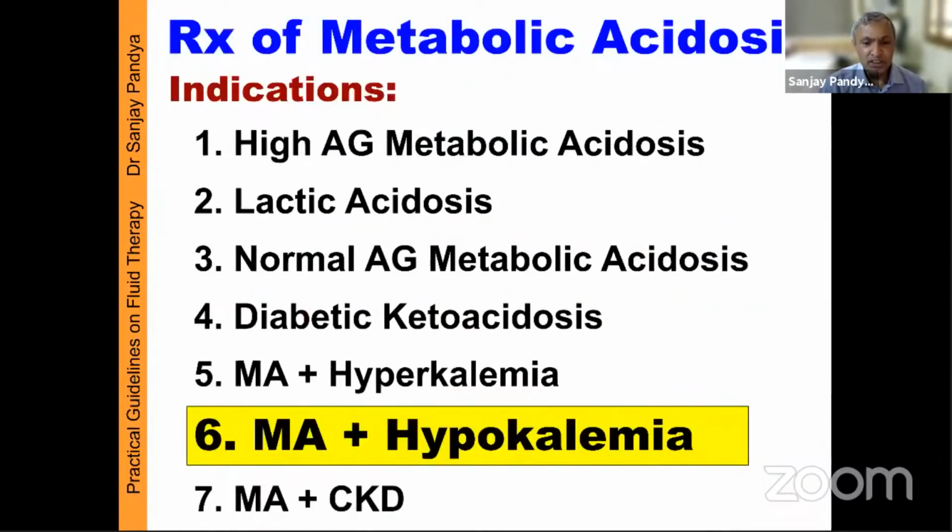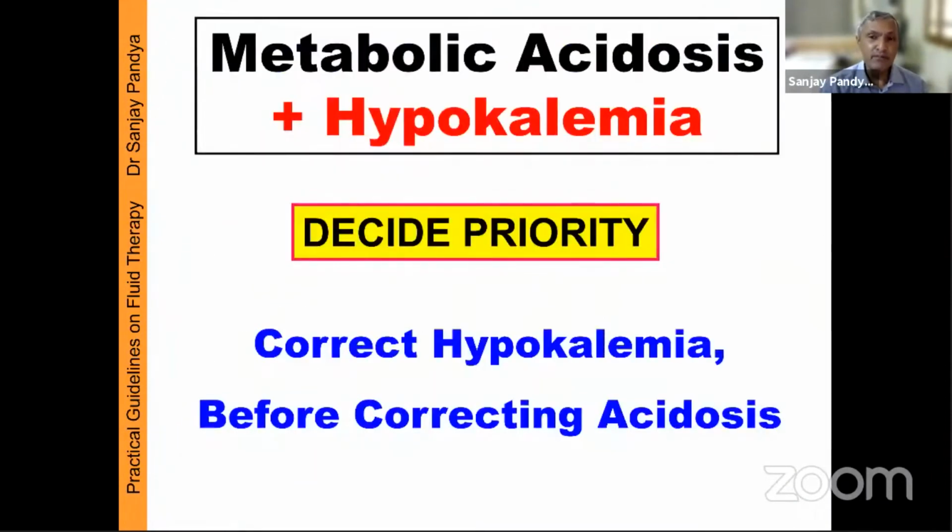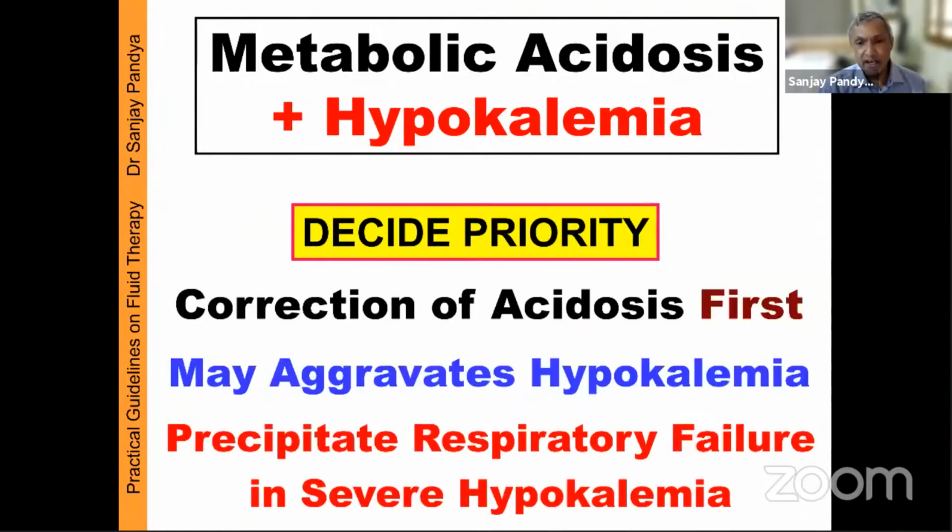Now, if the patient has hypokalemia, it's very important, see, we have two problems. One is acidosis and second is hypokalemia. So if hypokalemia is severe, correct hypokalemia before correcting acidosis. See, if acidosis is corrected, that is going to aggravate hypokalemia, and in severe hypokalemia, it may precipitate respiratory failure.